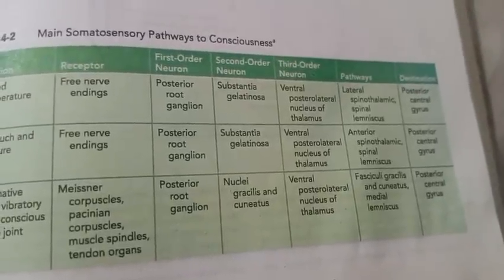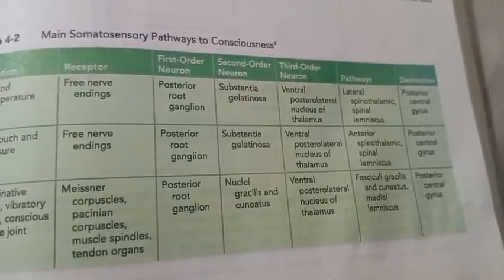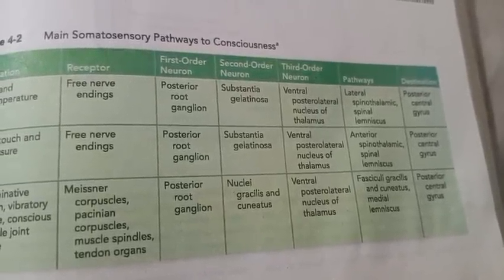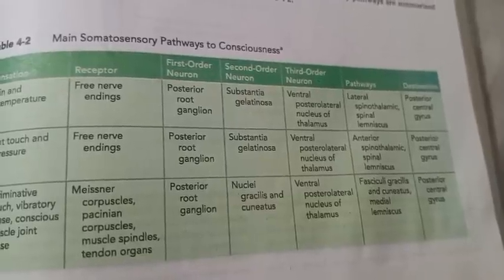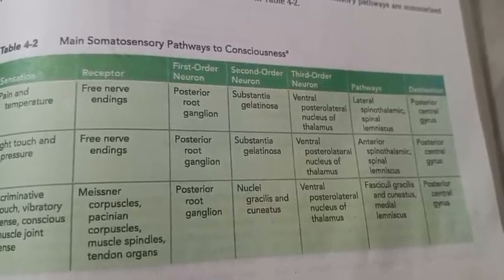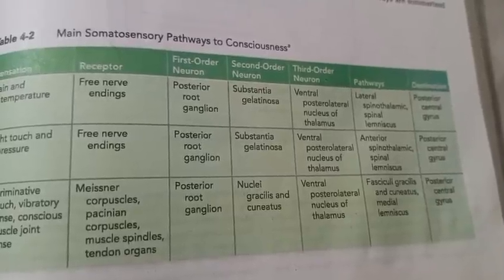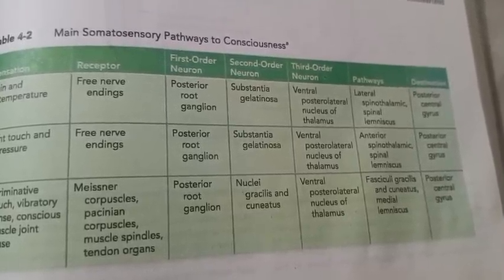For the third order, there is the ventral posterior lateral nucleus of the thalamus, and the last one is also the same.